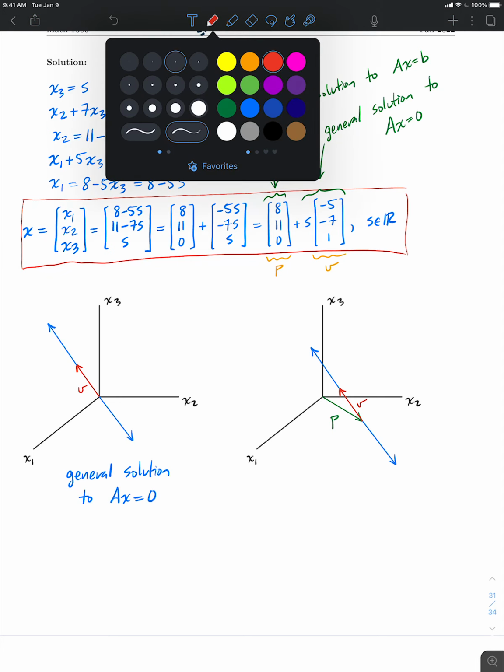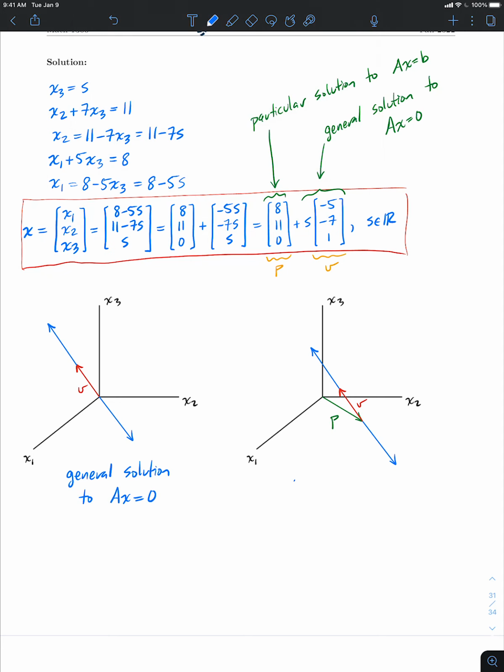Okay, so let's label this now. This is the general solution to the original matrix equation, so Ax = b.